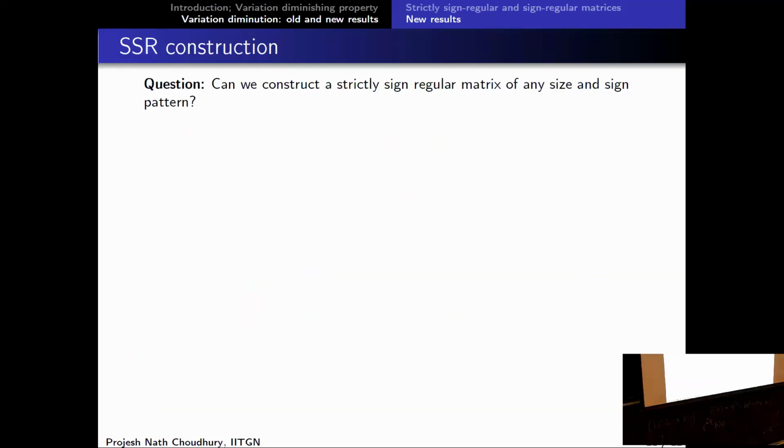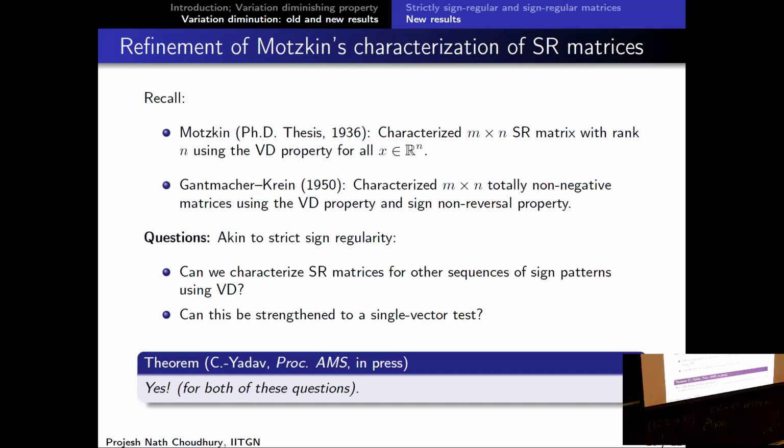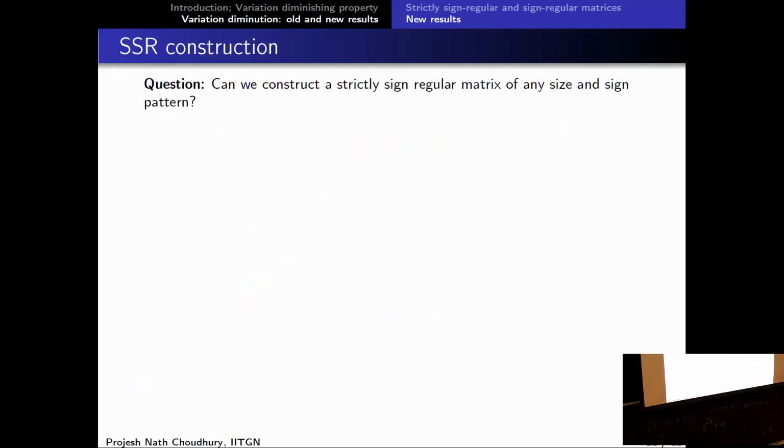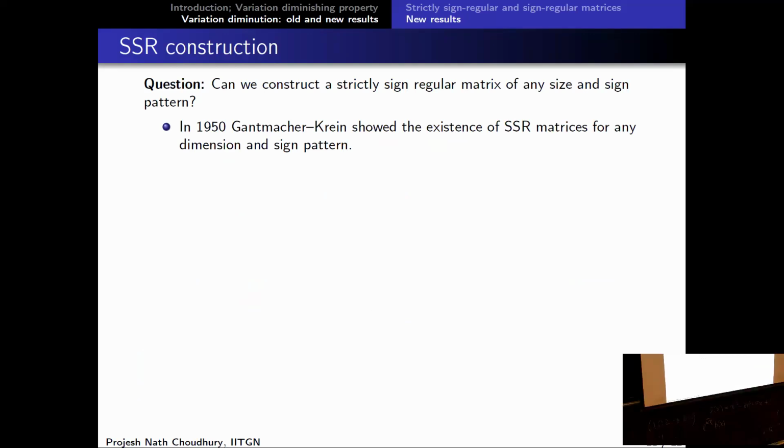And when we talk about the strictly signed regular or signed regular matrices, there is no such huge collection of examples. Only the classical result of Gantmacher and Krein in 1950 assured us that for any particular sign pattern of any size, the strictly signed regular matrices exist.